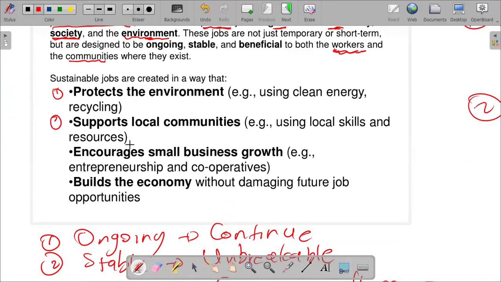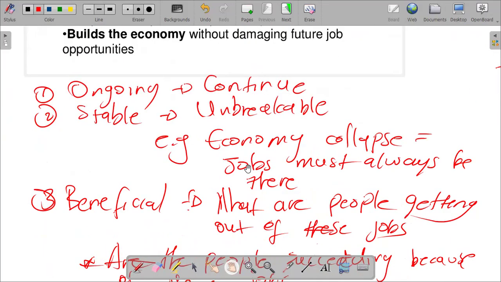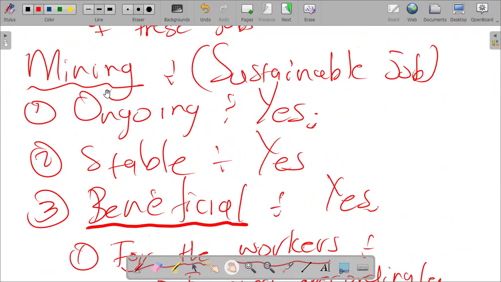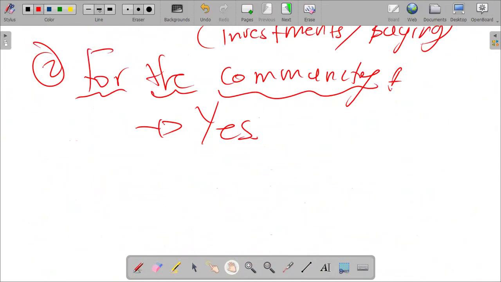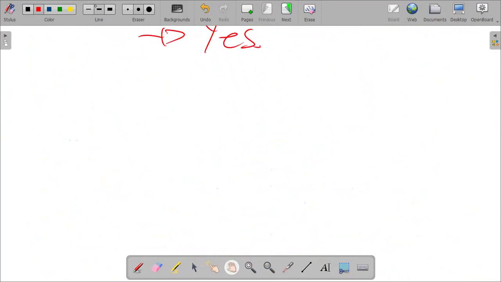now, does it support local communities? As I said here, when you talk about mining, we talk about businesses whereby the owners of the mine would invest in small teams, right? So let's just say here for the community, what are investments that mining companies do within the community?